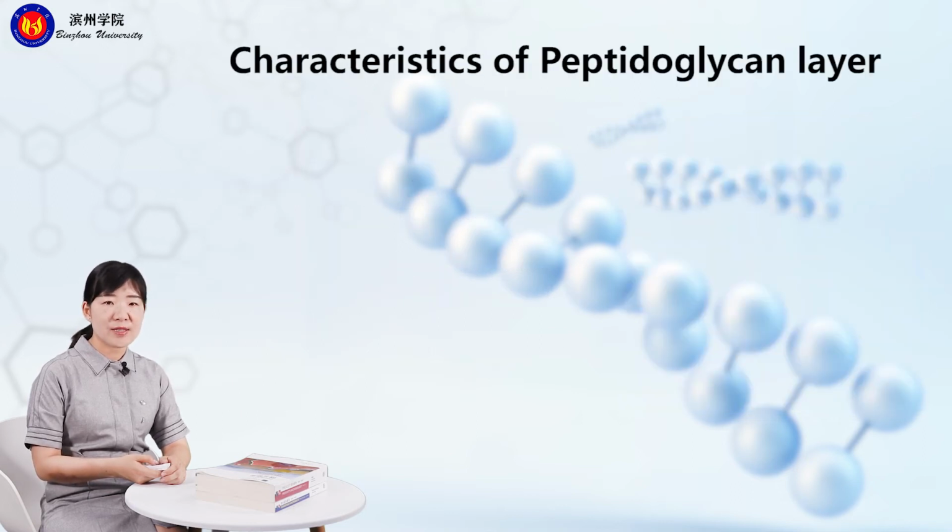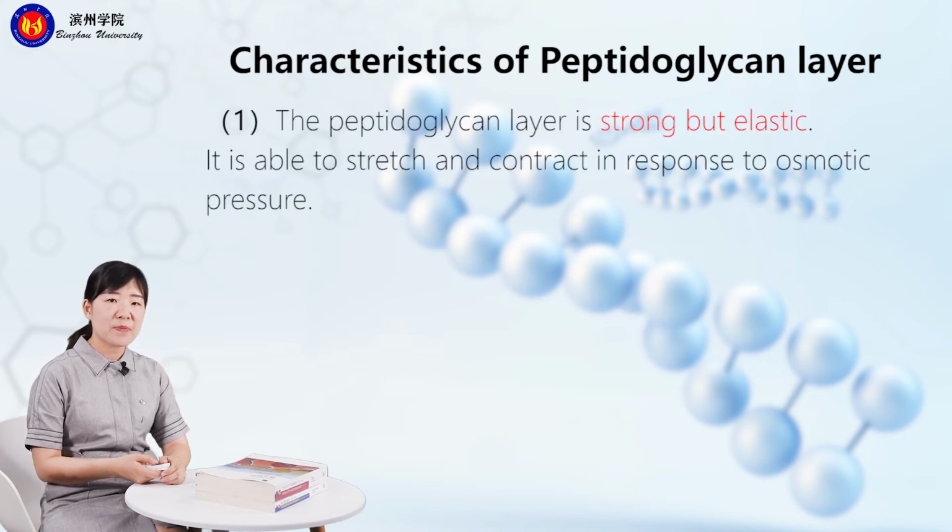So let's see the characteristics of the peptidoglycan layer. The peptidoglycan layer is strong but elastic. It is able to stretch and contract in response to osmotic pressure.